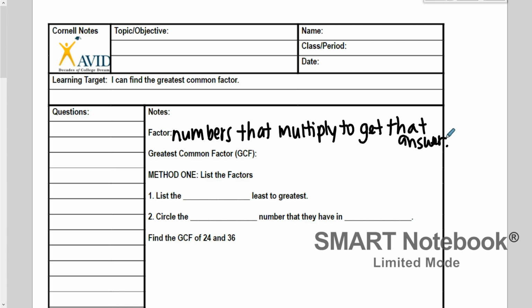For example, factors of 15 would be 3 and 5, because 3 times 5 multiply together to get 15.